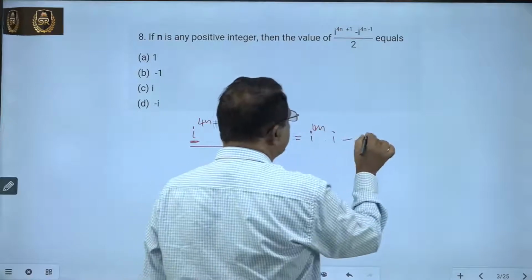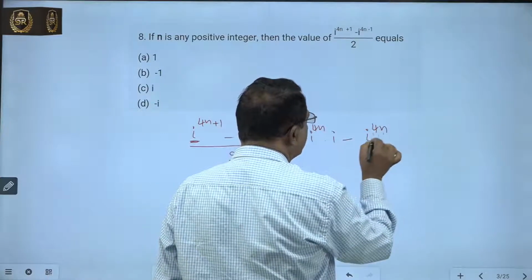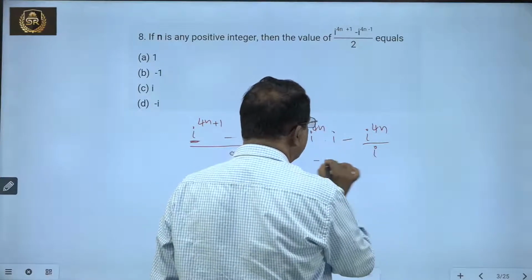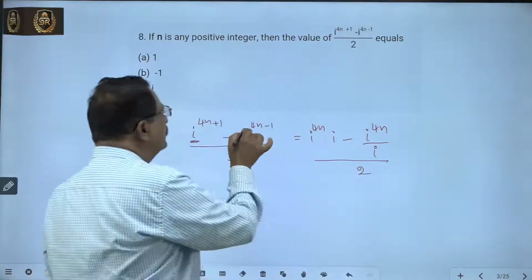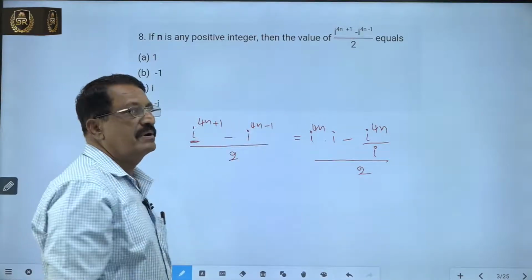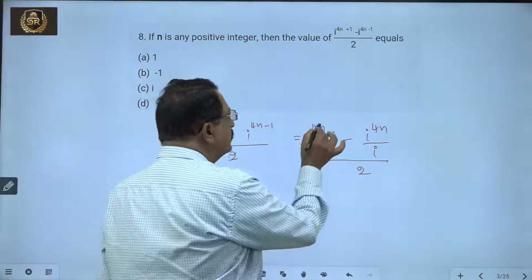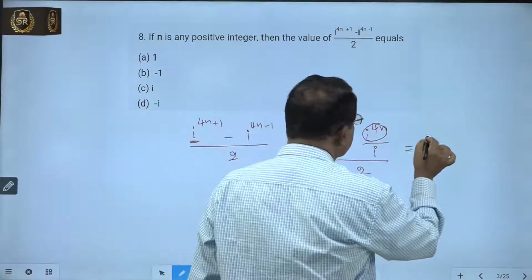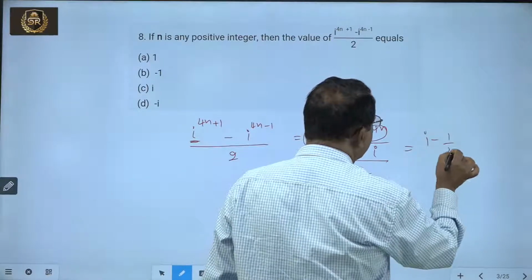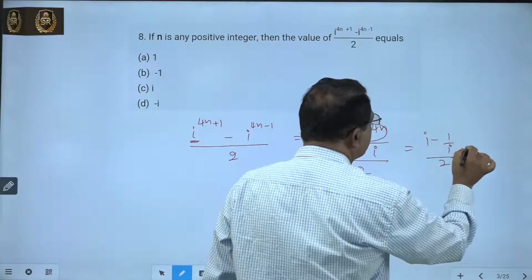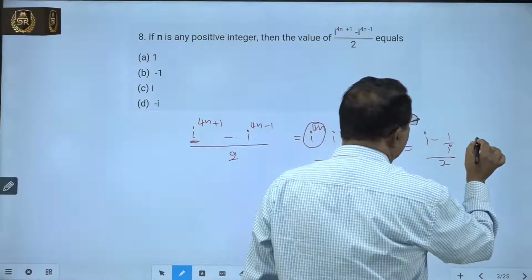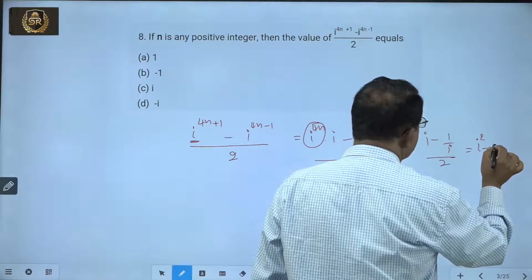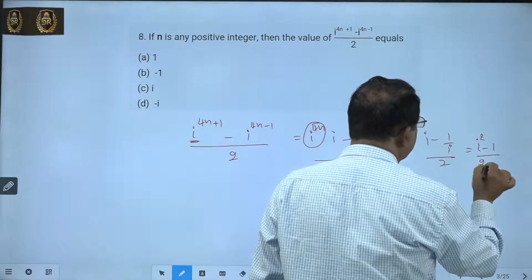Next, minus i to the power of 4n by i, all by 2, because i to the power of 4n minus 1 equals i to the power of 4n by i. But i to the power of 4n equals 1, here it is also 1. That equals (i minus 1 by i) by 2. Take LCM, we get (i squared minus 1) by 2i.